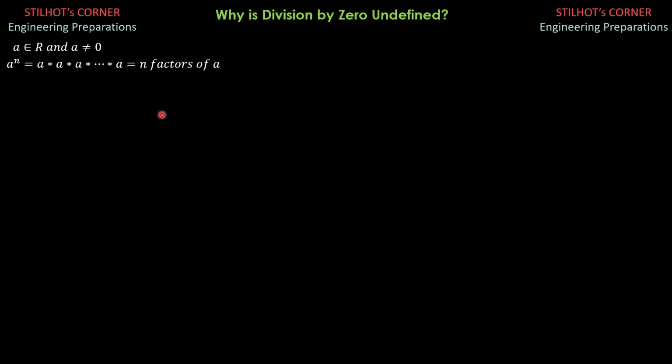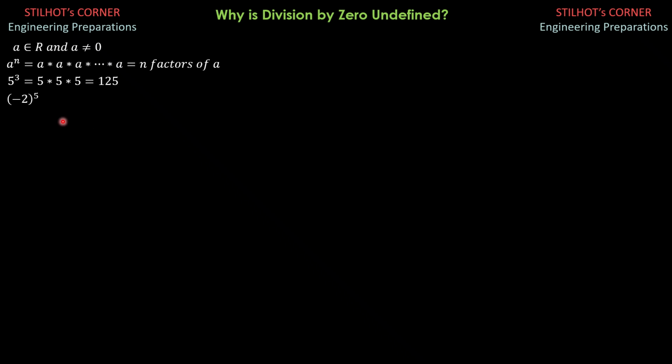So for instance, if you have 5 cubed, that will be 5 times 5 times 5. So 3 factors of 5, and that's why it is 125. 5 times 5 is 25, and 25 times 5 is 125, or simply 5 cubed.